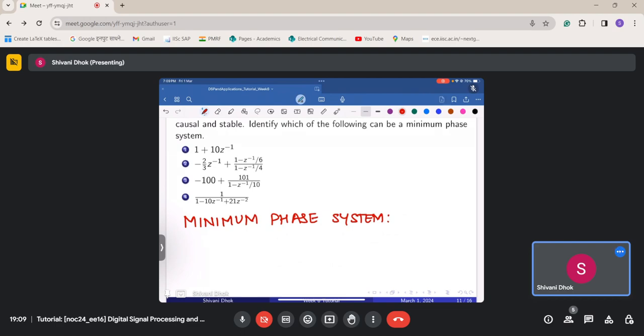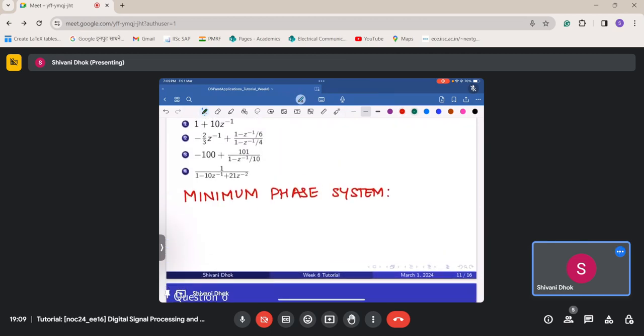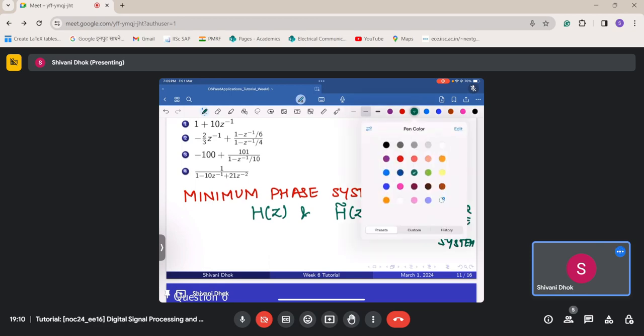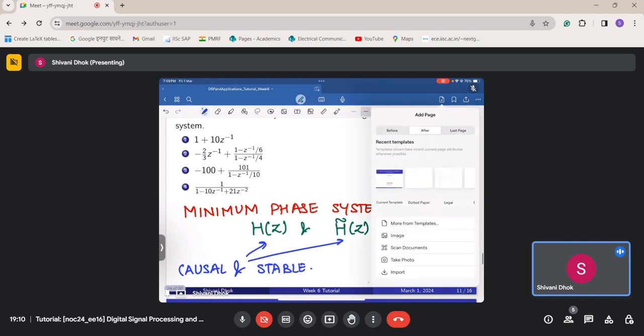It says that H of z and a system, let's say H tilde of z, which is given by 1 by H of z, which is the z transform of the inverse system, both are causal and stable. Okay, now this is given to us.